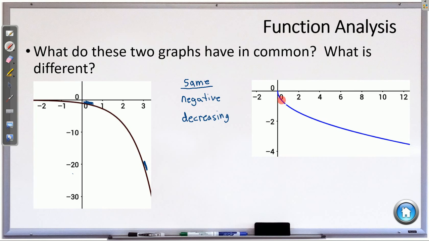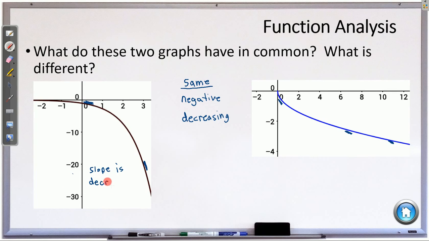Whereas if I take a look at this one, we start out with a fairly steep slope, but then as we go, the slope gets shallower and shallower. It gets closer to zero. And so if we want to describe that, it gets a little confusing because these are decreasing functions, but because the slope was a small negative and then became a larger negative, this slope is decreasing.